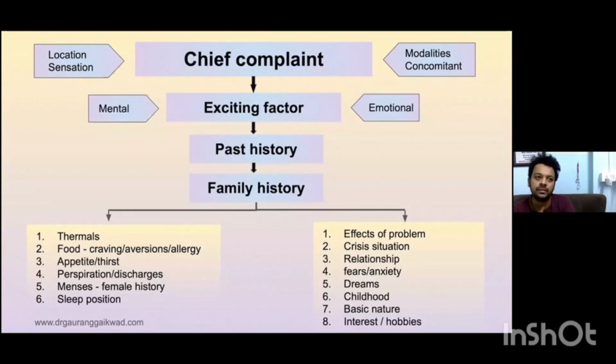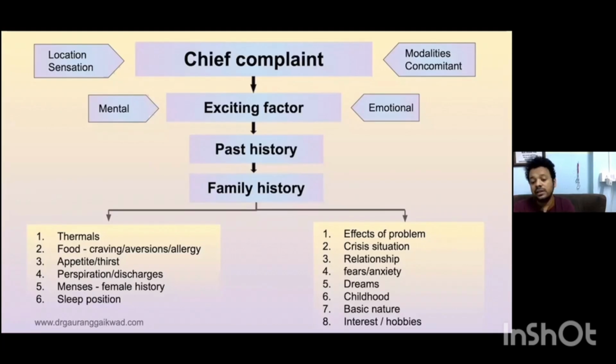How did it start? He said, Doctor, can I tell you from my childhood? I said, yeah, please tell me. Sometimes it's important for the patient to just express the way the person wants to express. Sometimes the whole pattern and the root develops from childhood, sometimes even before childhood. So one of the important factors is the effect of the problem on you. This is a very important question.